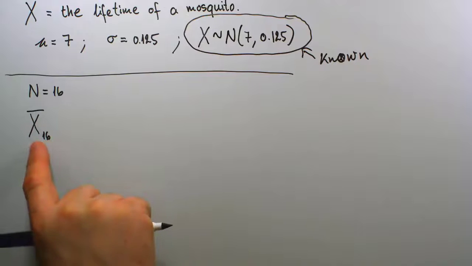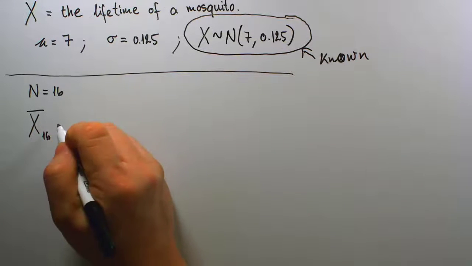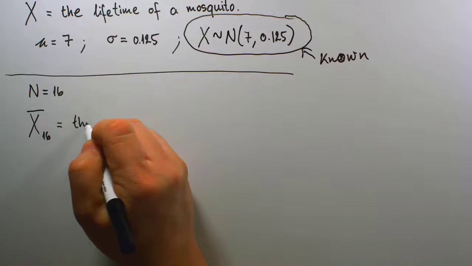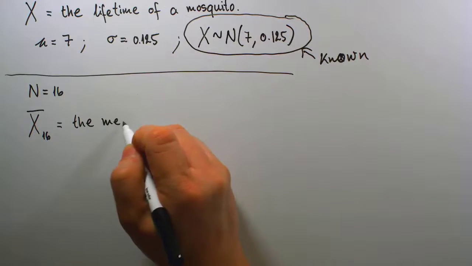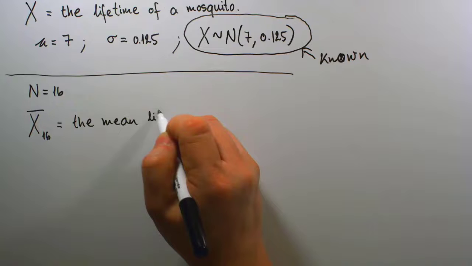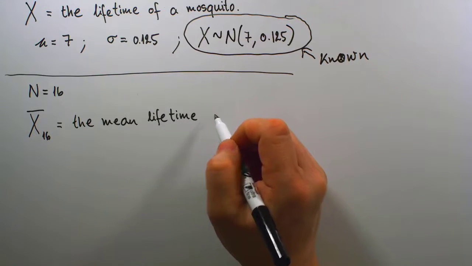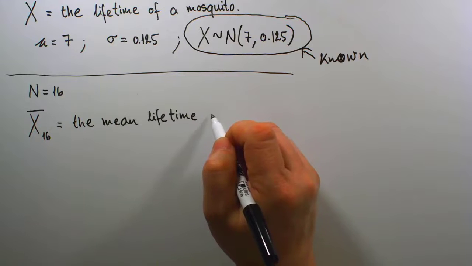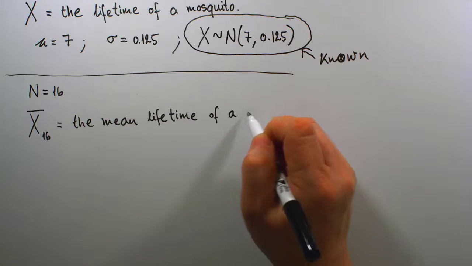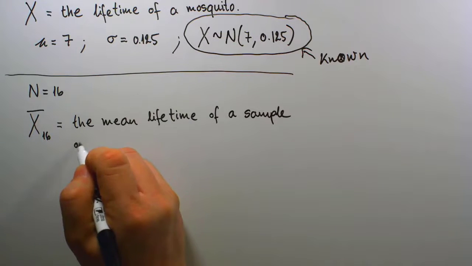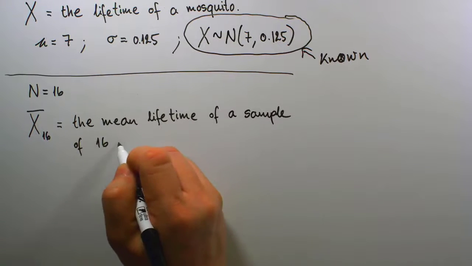So this capital X bar 16 is the random variable that represents the mean lifetime of a sample of 16 mosquitoes.